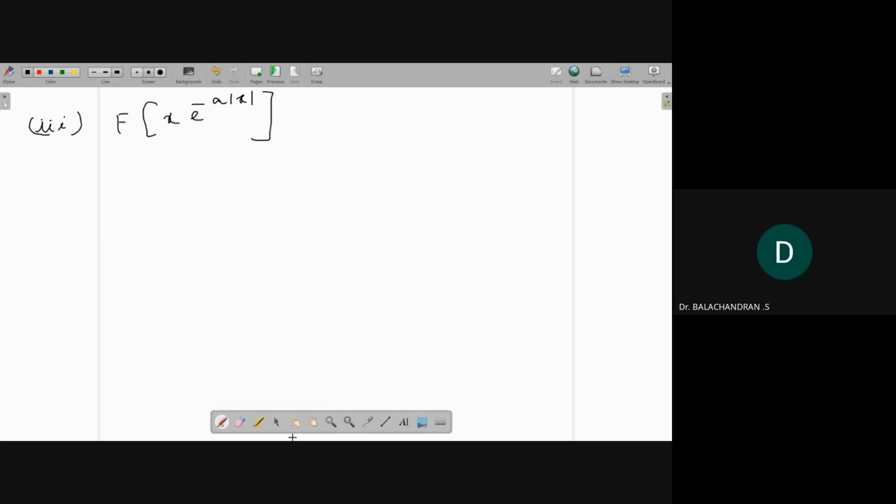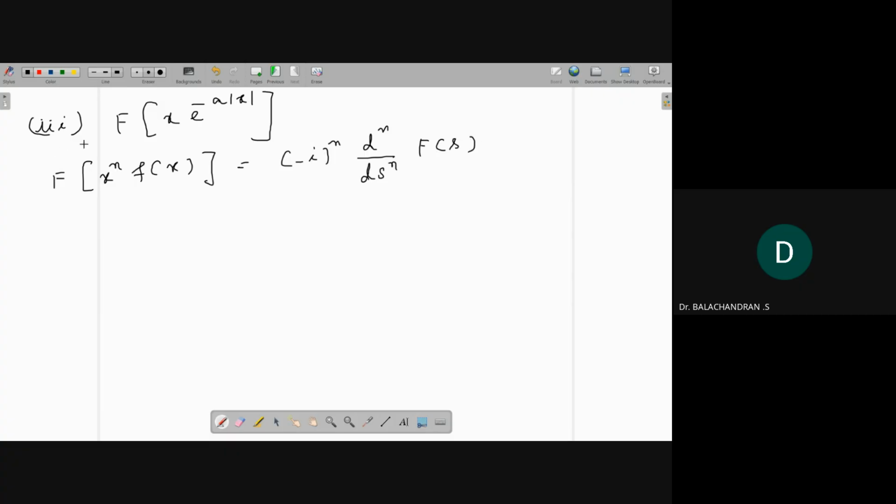So we know the Fourier transform of x power n into f of x is equal to minus i whole power n into d power n by ds power n of f of s. This is the result we already proved in the first lecture.